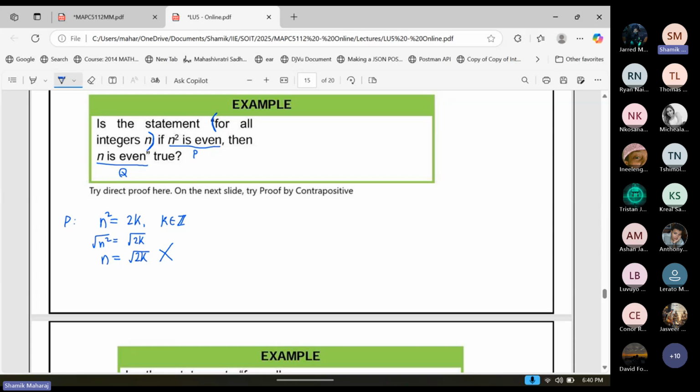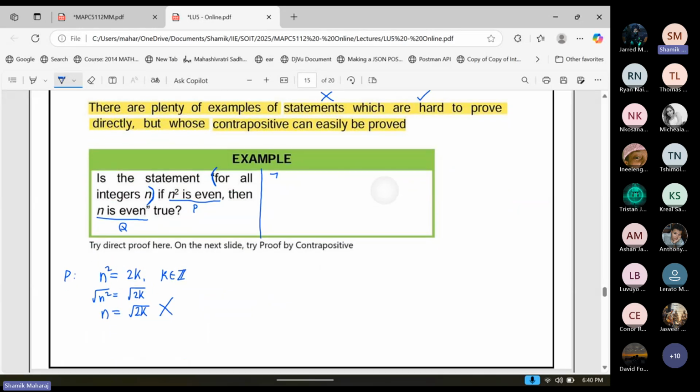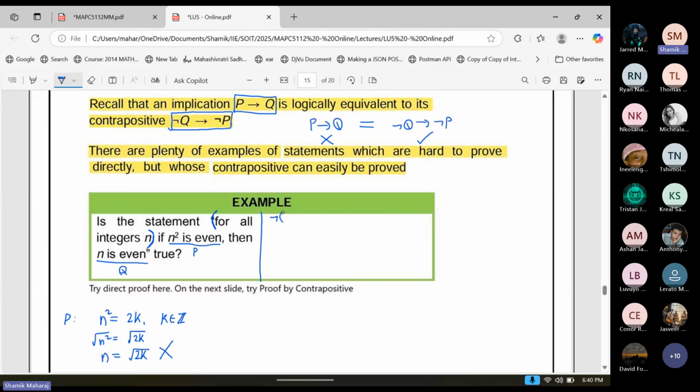Let's just jump straight to using the method of contrapositive. And to do that, the statement will change. We take the statement, and does the contrapositive switch the order? I can't remember. Yes, it does. So we have to get a not Q implies not P statement. If Q says n is even, not Q will say n is odd.